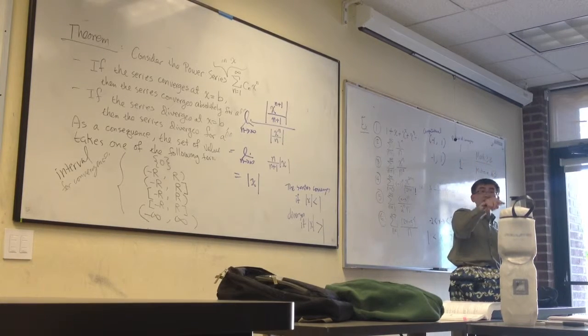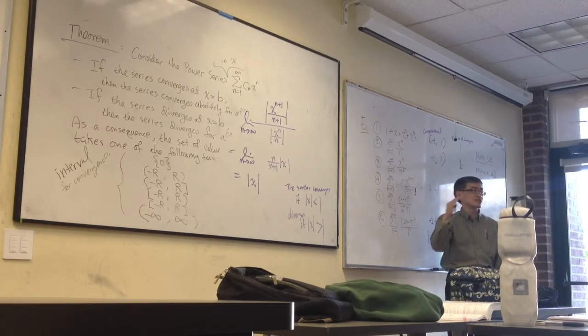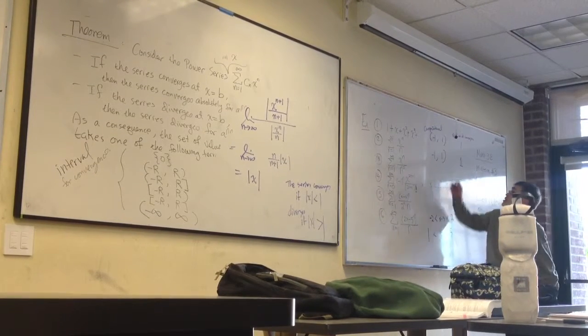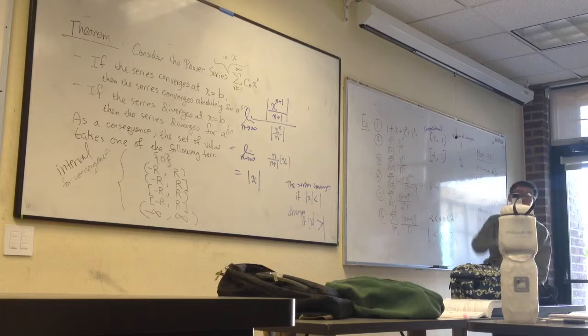It's an alternating harmonic series. So that one, by the alternating series test, is convergent, because the positive part is 1 over n, which is positive, decreasing, and convergent to 0. That satisfies all the conditions in the alternating series test, and therefore it converges. Therefore at -1 it's okay. So it's this.